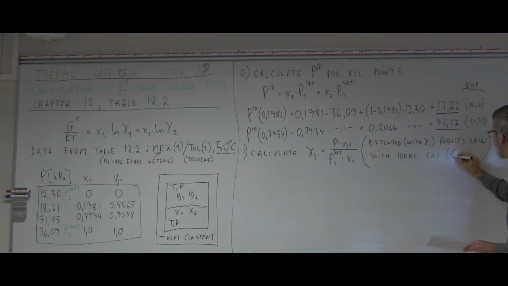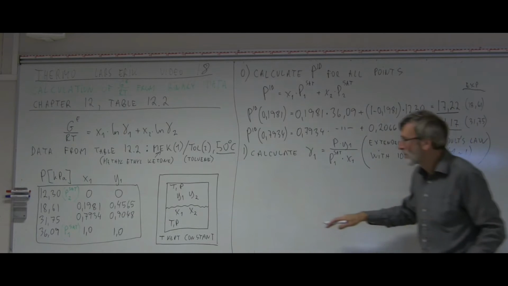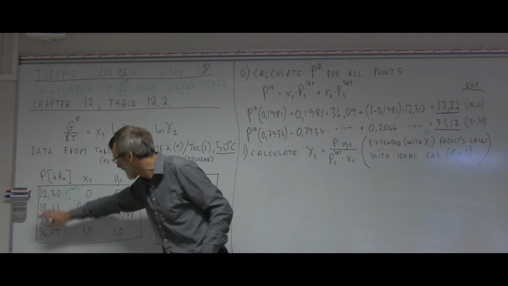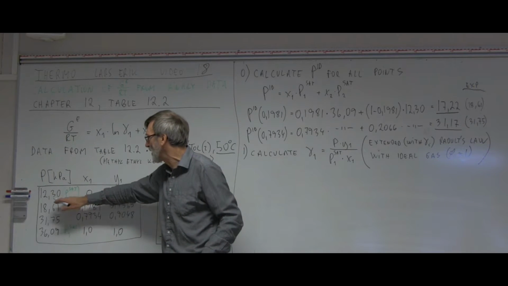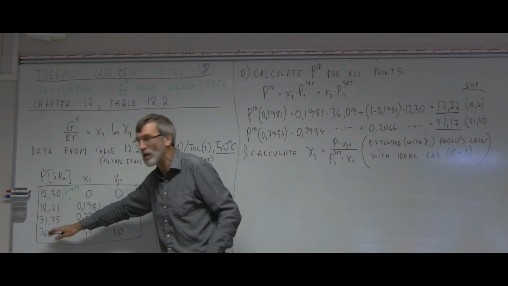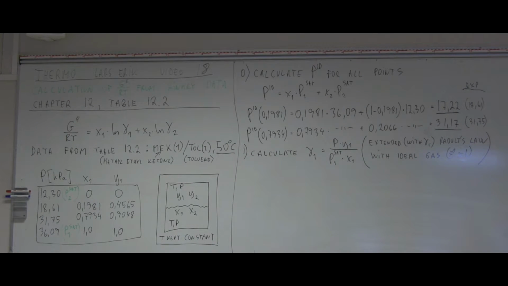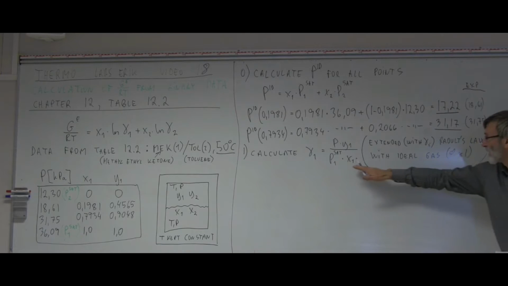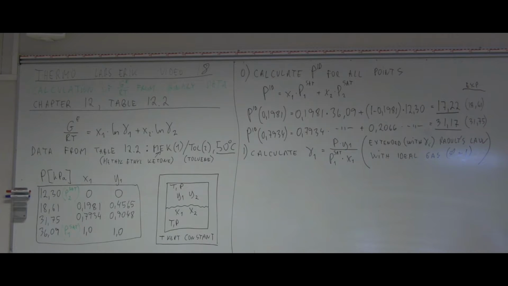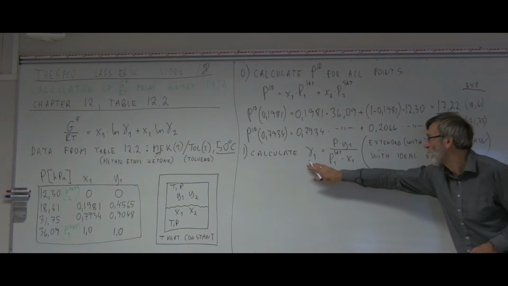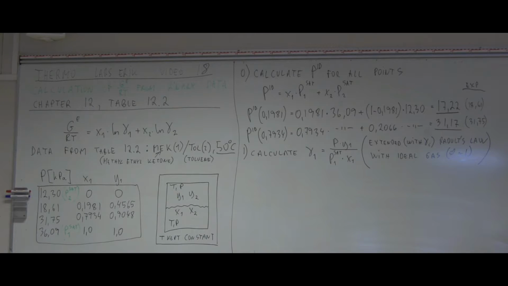The fugacity coefficient is close to 1. These pressures are well below 1 atmosphere, so we can assume that the gas is ideal, and this is the Raoult's law extended with activity coefficient, and it can be looked at as a correction factor.